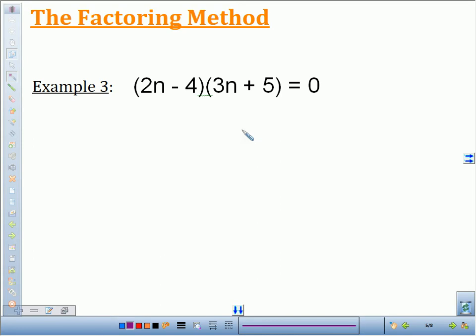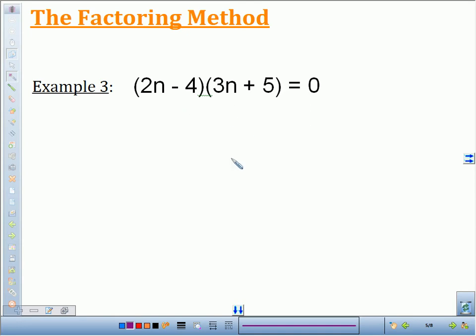A little bit more complicated, but it's the same idea. I have 2n minus 4 times 3n plus 5, and this equals 0. So again, if I wanted to graph this quadratic equation and look at where the parabola crosses the x-axis, I would be able to see where that is.